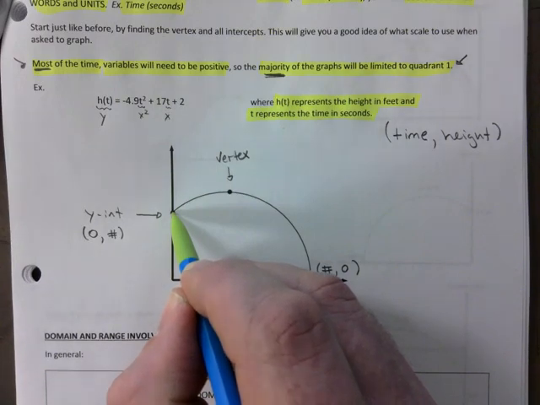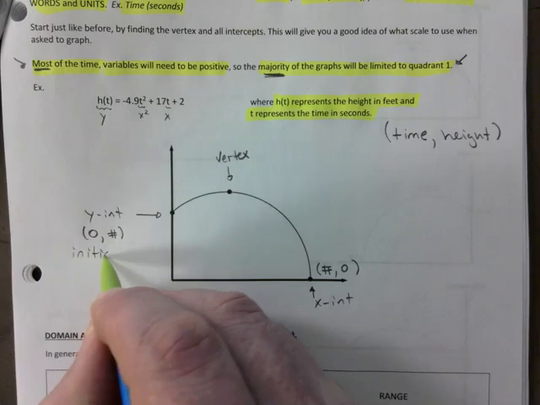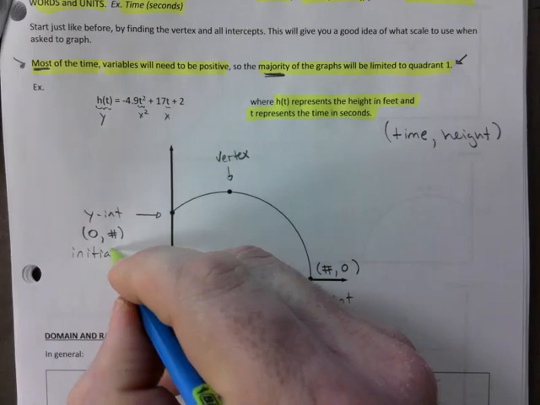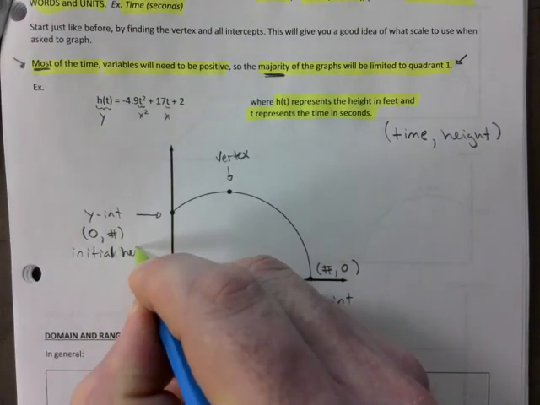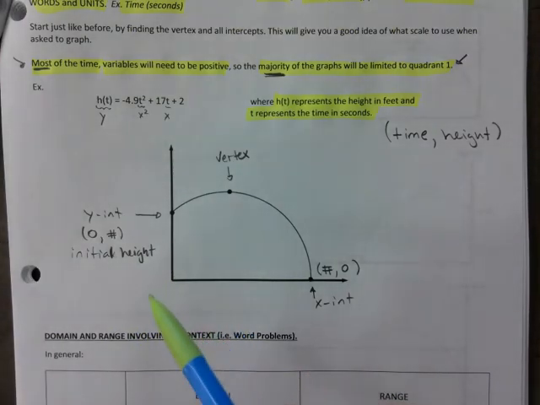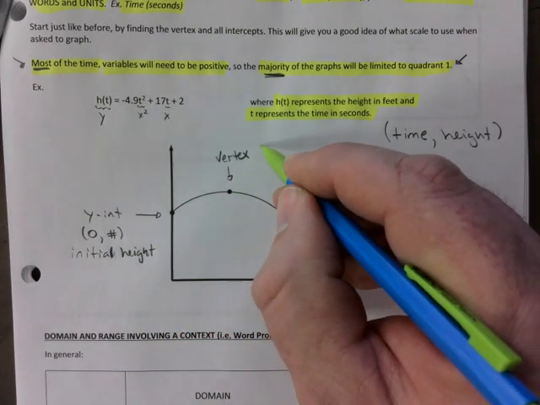This point, from now on, we're going to refer to it as the initial height. In this case, it would be the initial height, like where was the ball at the very beginning. Oh, you're saying y-intercept. Yes, that's what we're saying. Okay, initial height. The vertex, what does that give us?